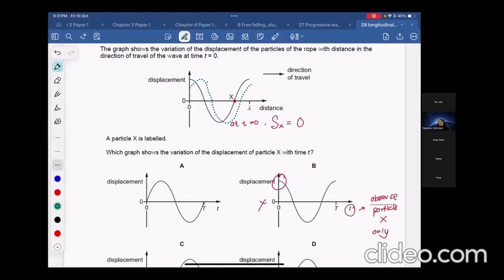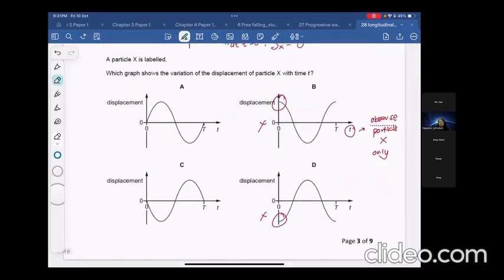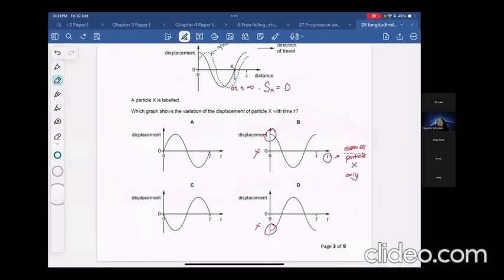Do you agree? This one is after a short time. After a short time, the wave will move to your right. So can you tell me what's going on here? After a short time, it should go down first. It should go down first. So here, A and C, which one is the correct answer? Obviously, right?